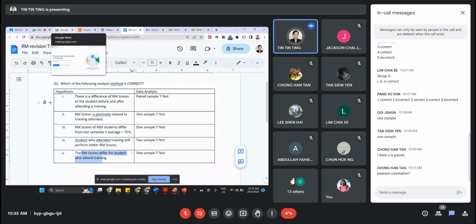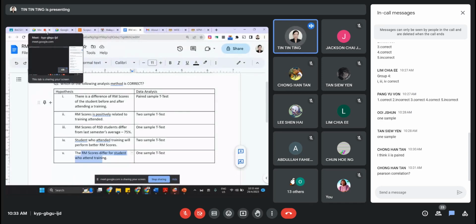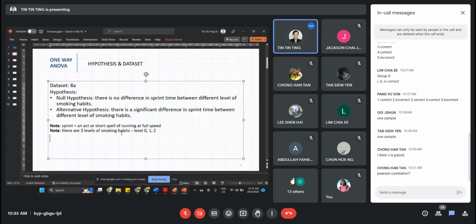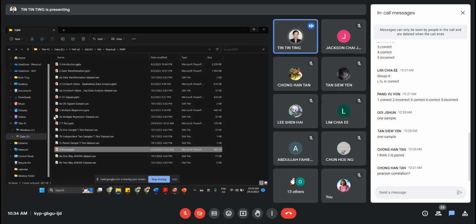But what if you have 3 groups, 4 groups, 5 groups? So more than 2 levels in your IV, but only one IV, just that in that one IV, you have 3 different groups.